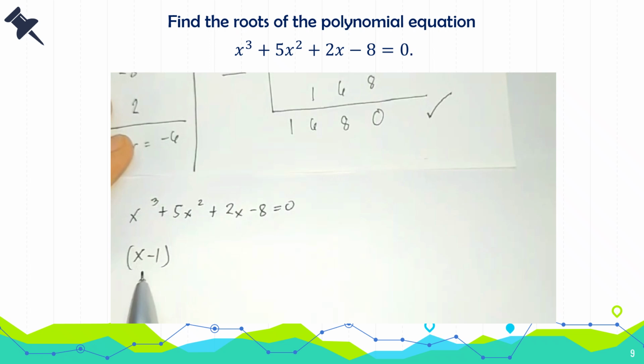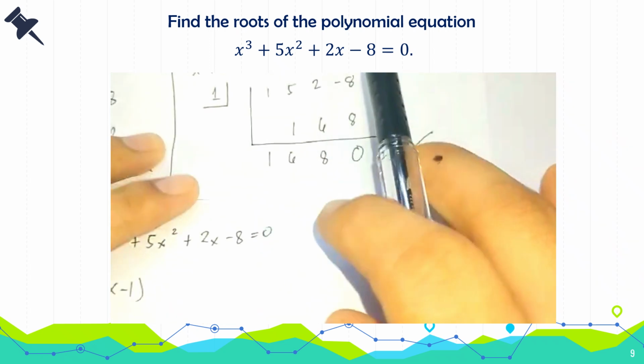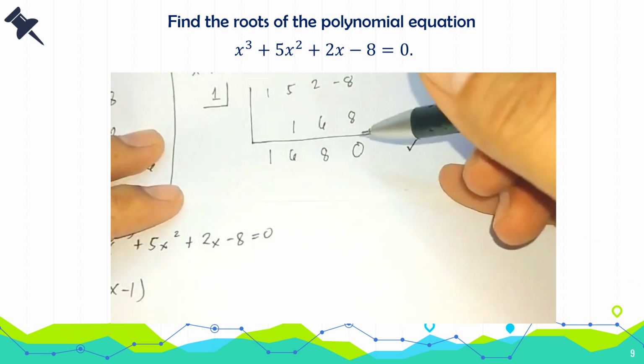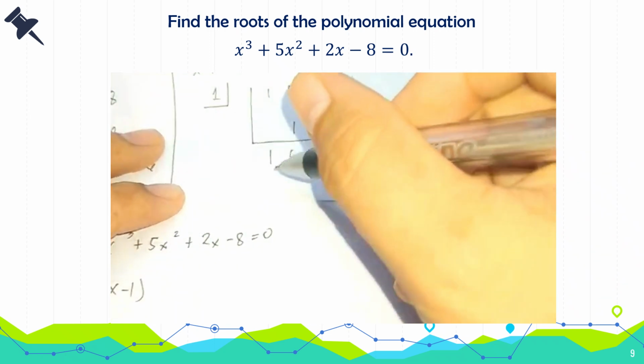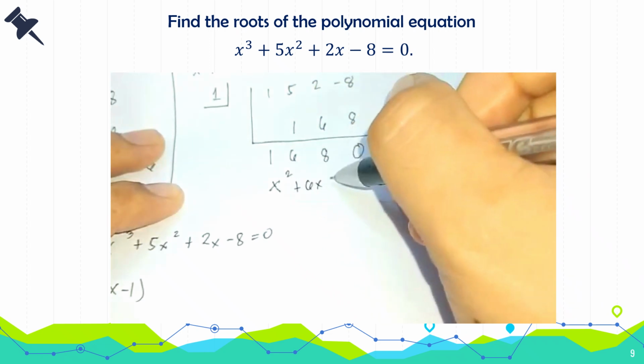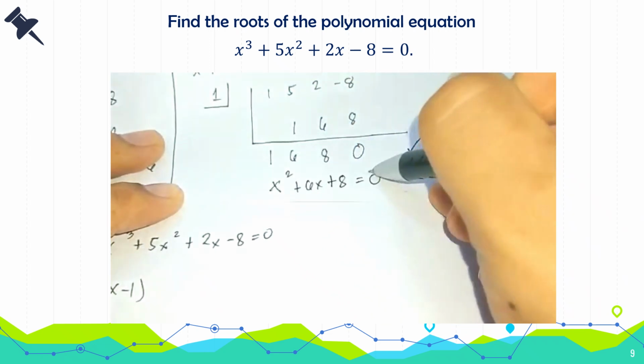So we list now that x minus 1 is a factor of this polynomial. From the answer of our synthetic division, what's left will be x squared plus 6x plus 8 equals 0.